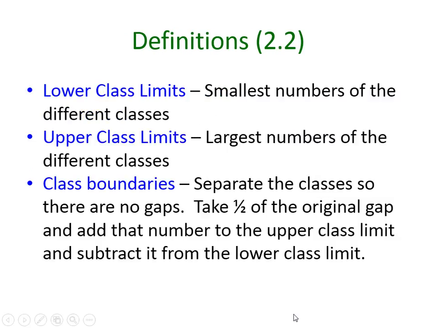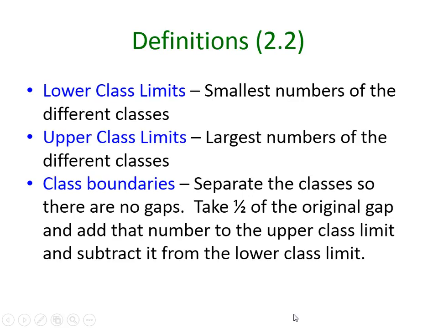We talked about the lower class limits and the upper class limits being the smallest and largest numbers you can have. The class boundaries butt up against each other, and there is no space between things when you're talking about that boundary. The boundaries are usually numbers that are not physically possible, but it's telling you where the middle of that spread is.